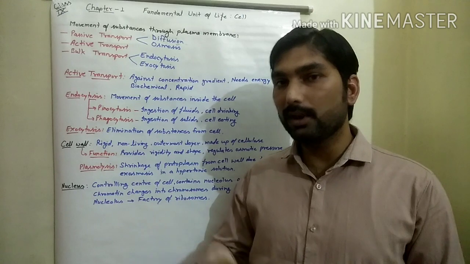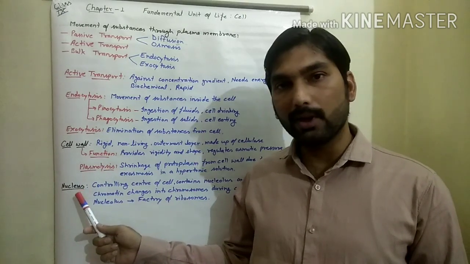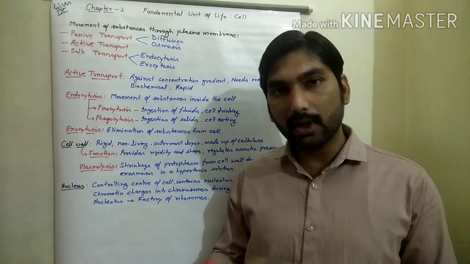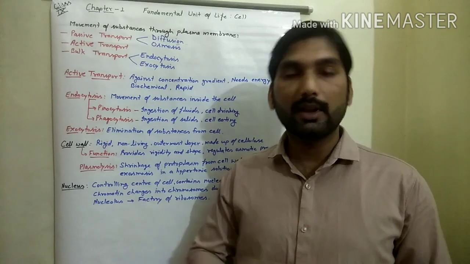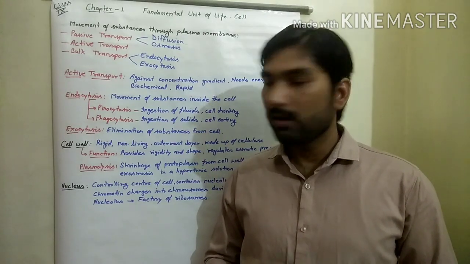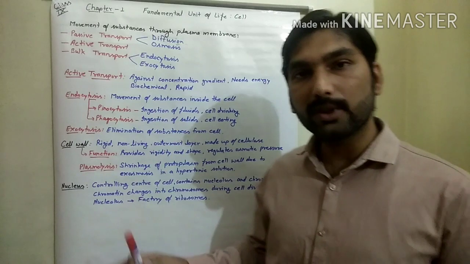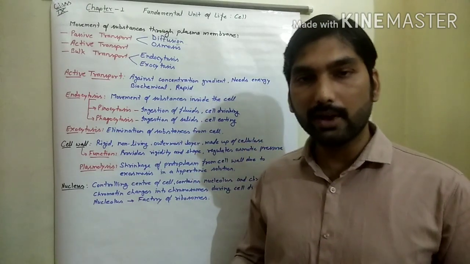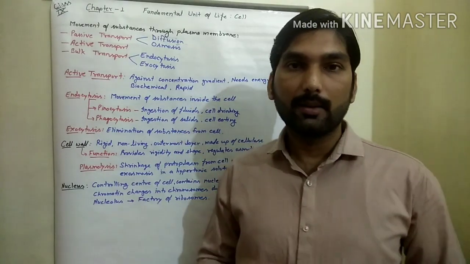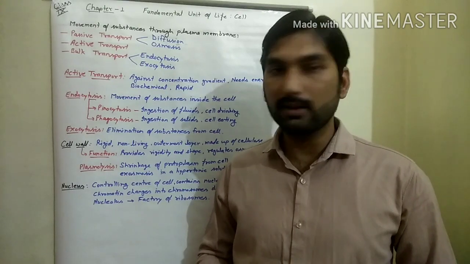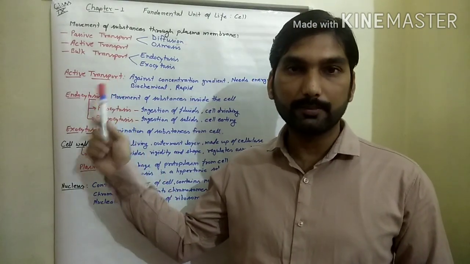We will also see the structure of the nucleus and its function and what structures can be seen inside the nucleus. So today these are the topics that we are going to discuss together. Let's start from the first topic, that is known as active transport.